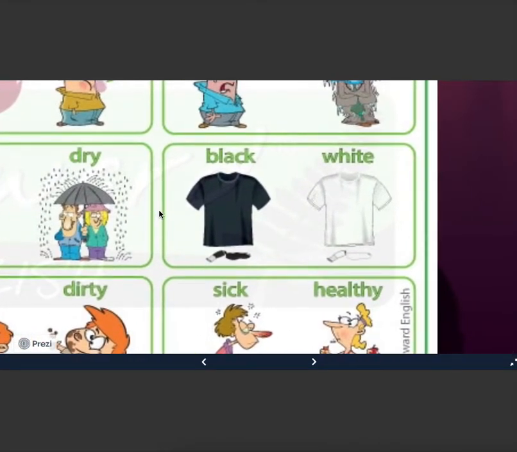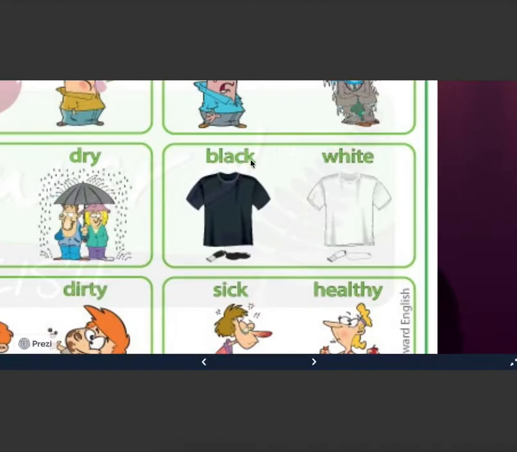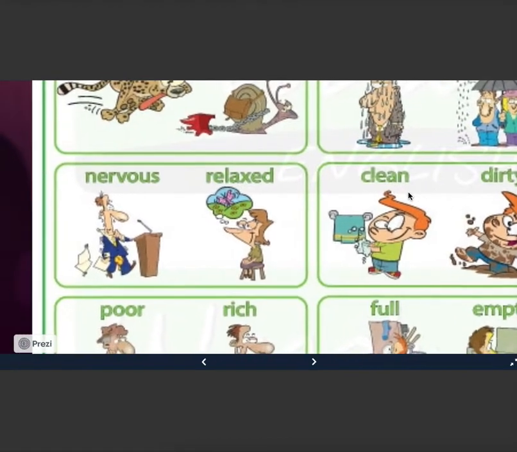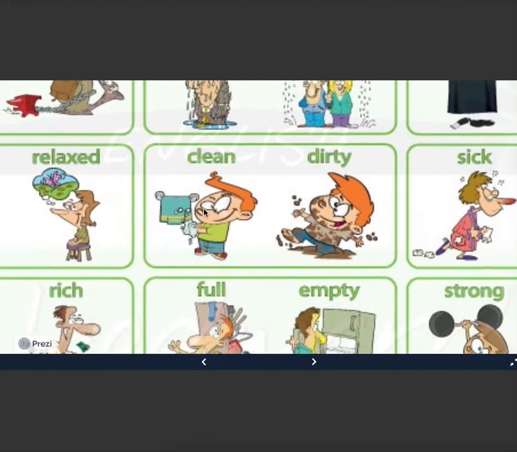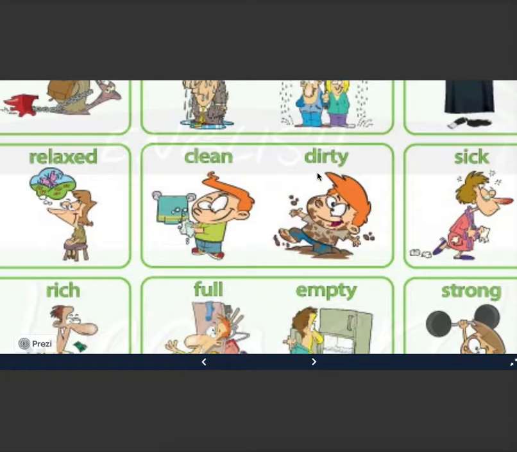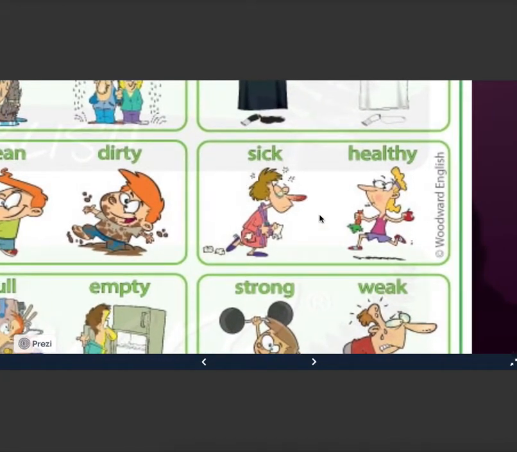We have also adjectives to describe colors, like literally colors. So black, we have white, we have, for example, nervous, we have relaxed, we have clean, we have dirty. Look at the images, clean, dirty. We have sick, and we have healthy.